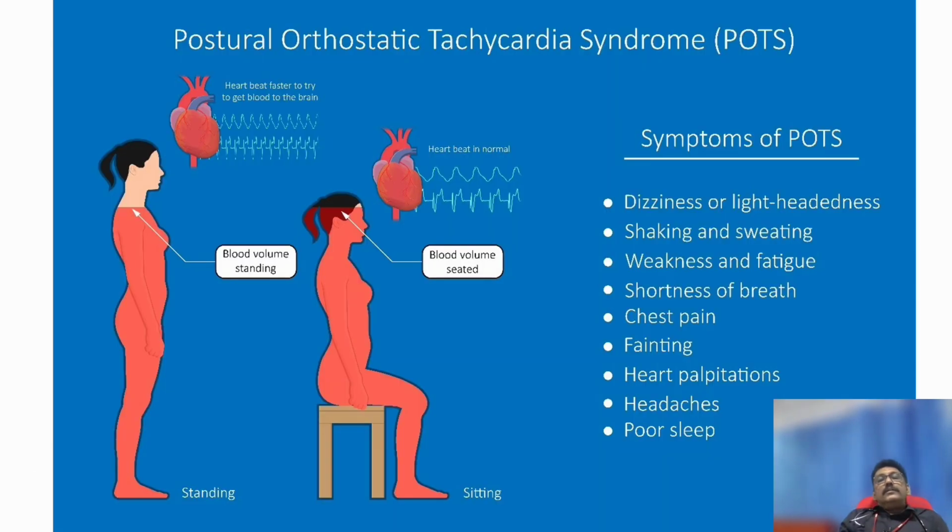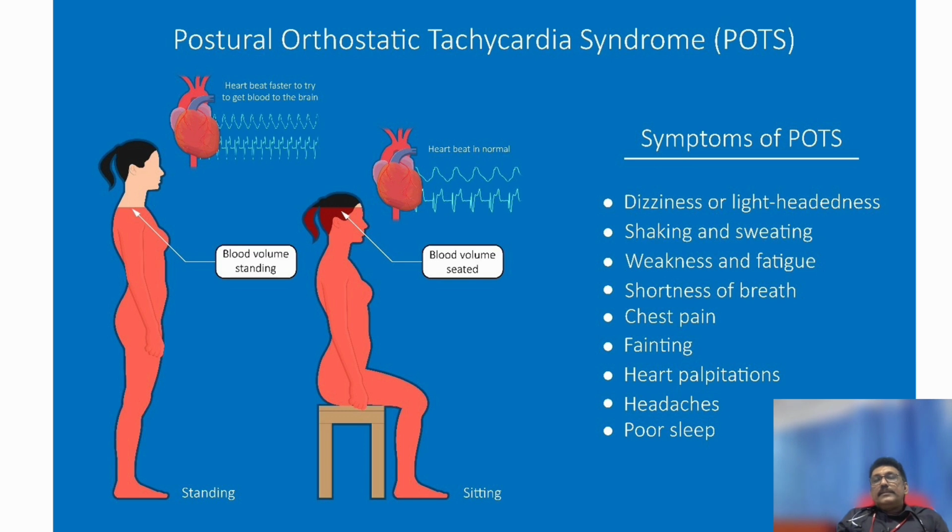Now, another important syndrome is POTS syndrome. Many may not be knowing about this syndrome. We all know about orthostatic hypotension, but this is not orthostatic hypotension. It is postural orthostatic tachycardia syndrome. Here, when we try to stand up from a lying down posture, the heart rate increases very fast, but there is no BP fall. So normally we check the BP in supine and standing posture, the BP is normal, and we don't bother much.